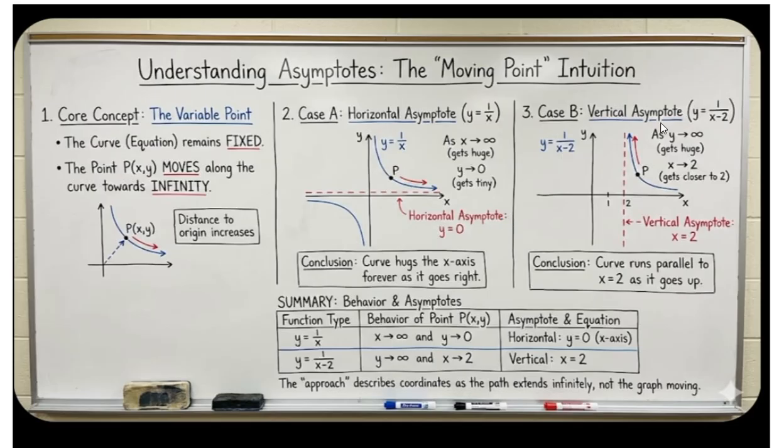If you take another example, y = 1/(x - 2). Here the y coordinate of the moving point approaches infinity when x becomes 2. That's why x = 2 is a vertical asymptote.